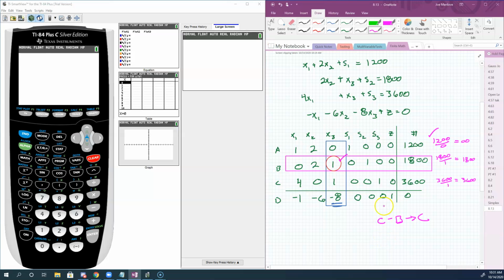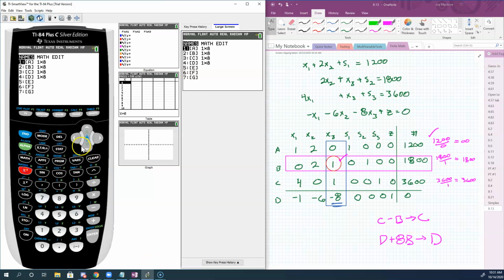Okay, and then how about row D? Multiply row B by 8 and then add to D. Okay, so I need D plus 8 times the pivot row, and I'm going to store that back in row D. You guys with me on that? So I'm just going to go ahead and do that on the calculator.